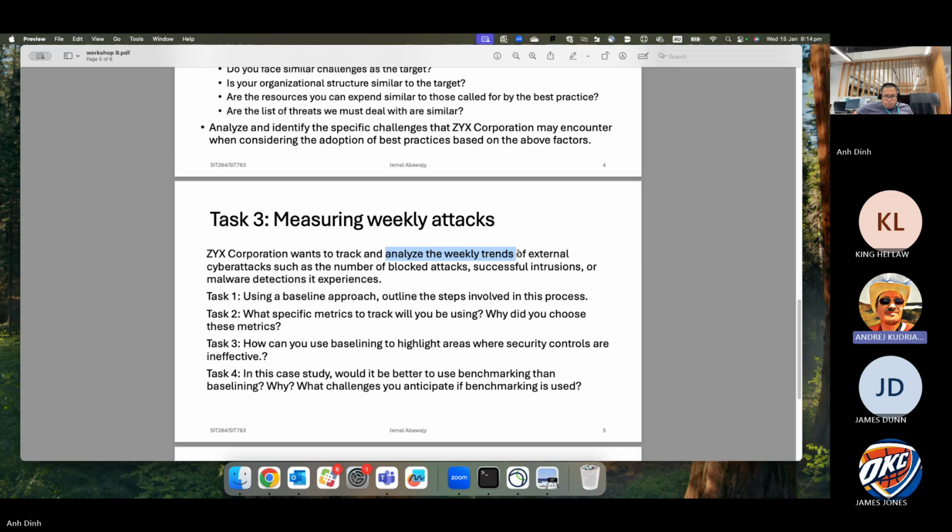Like what's the time of the day when there are the most attacks, when the fewest attacks, and how this correlates with user activity, for example. Very interesting. So there can be lots of secondary metrics, and I assume in time they will be developing more and more insightful metrics. As long as you have primary data which you can collect, you can then build a lot on top of that.